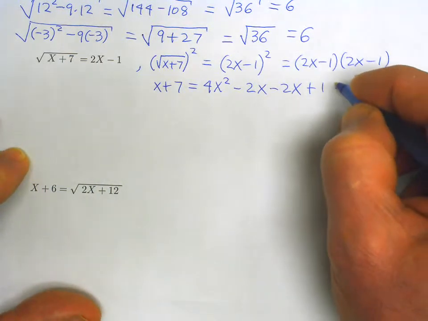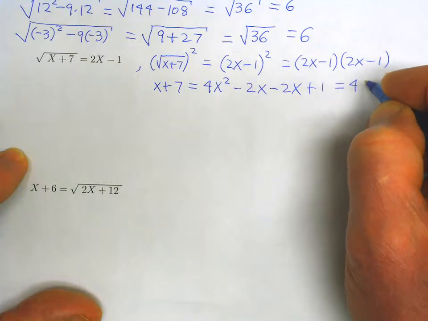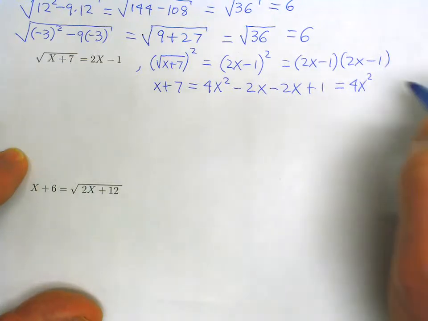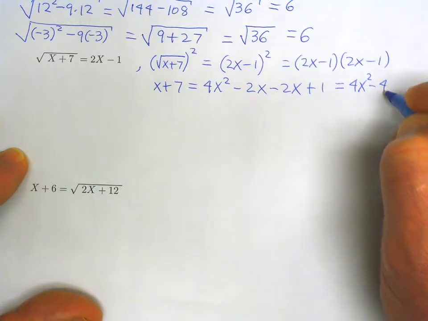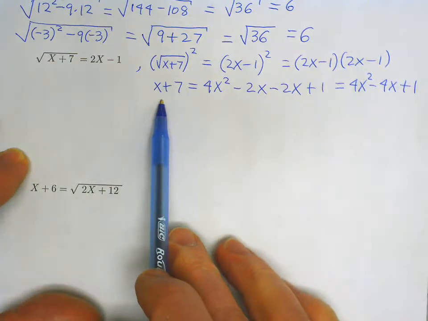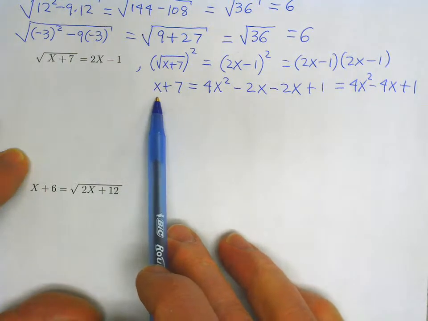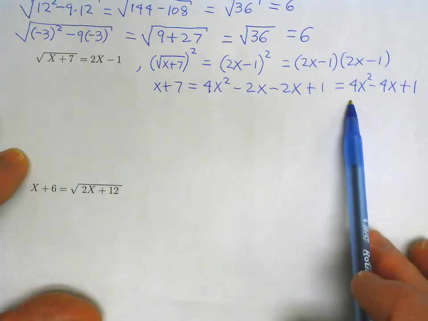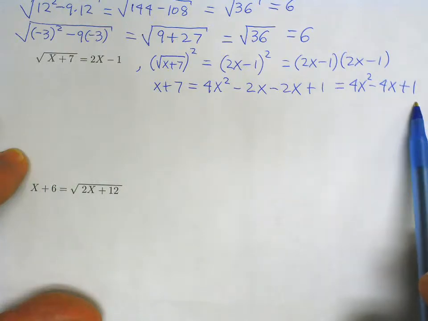So the right-hand side, when you combine the like terms in the middle, you get 4x to the second minus 4x plus 1.